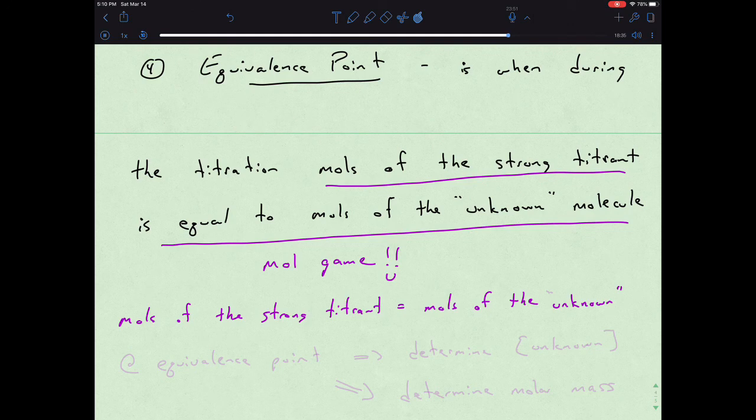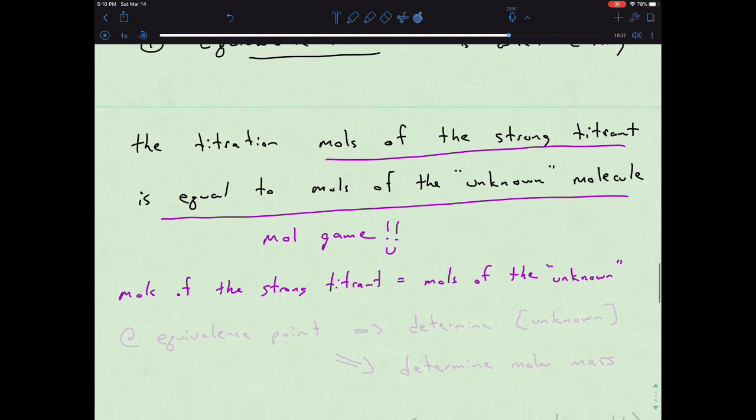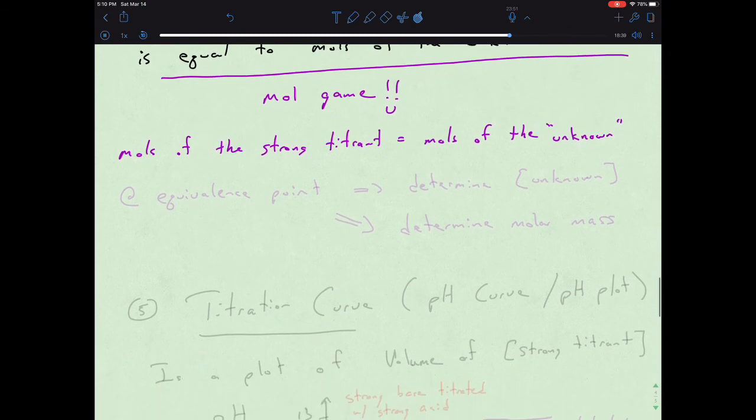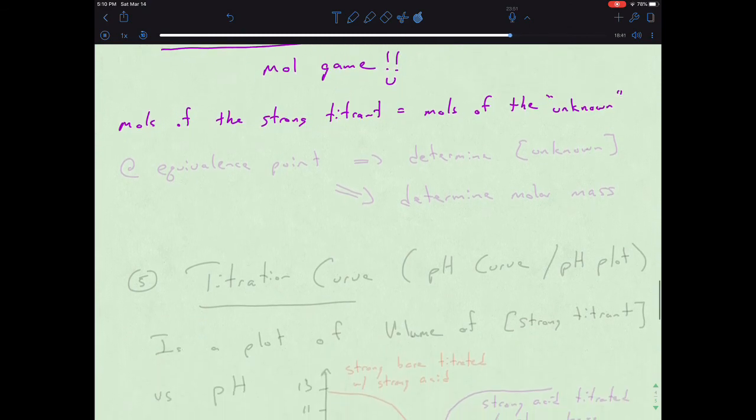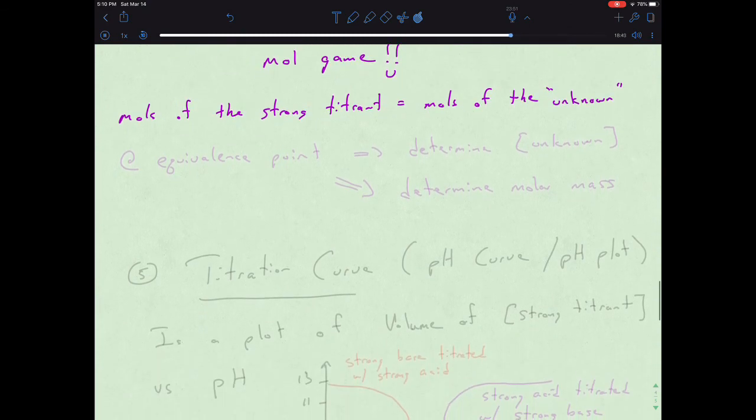So that's the most important region that we tend to see in the determination of an unknown concentration, the equivalence point. This is also an area where molar mass is determined.